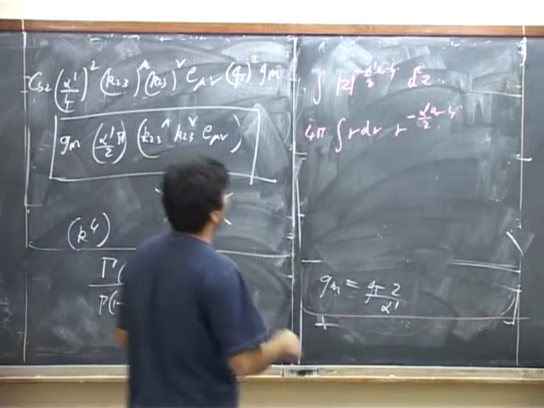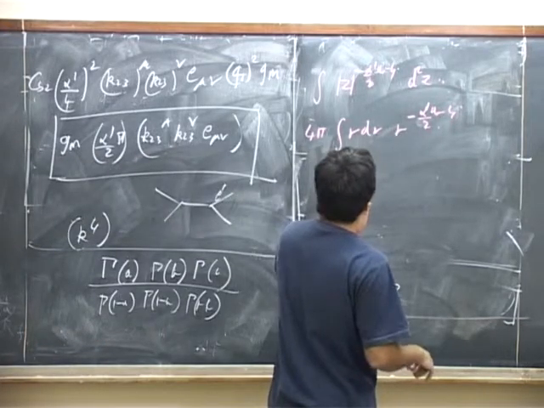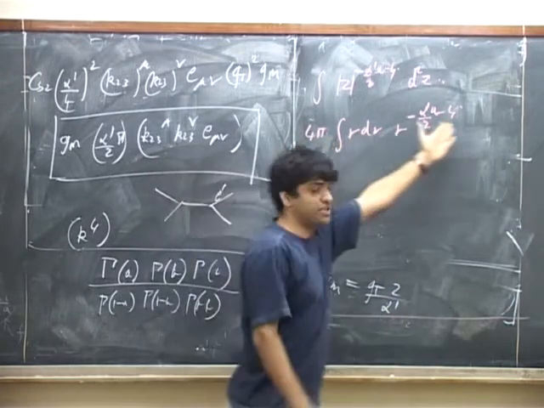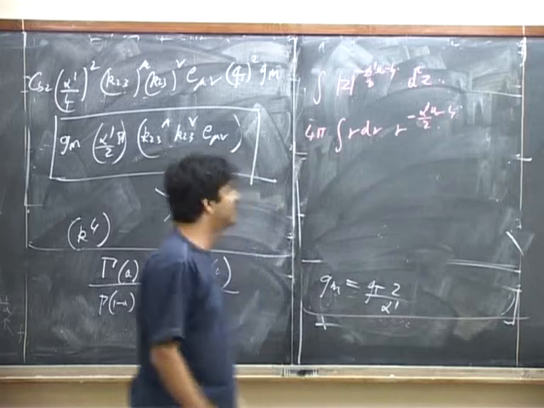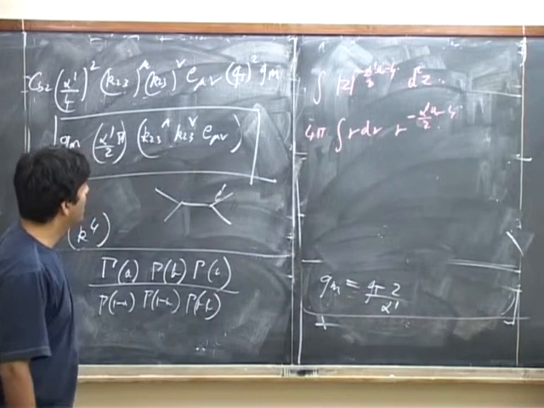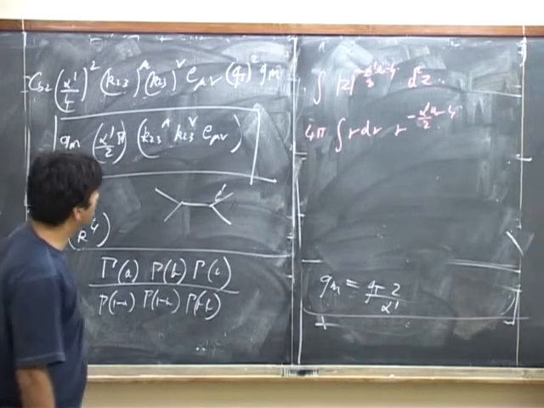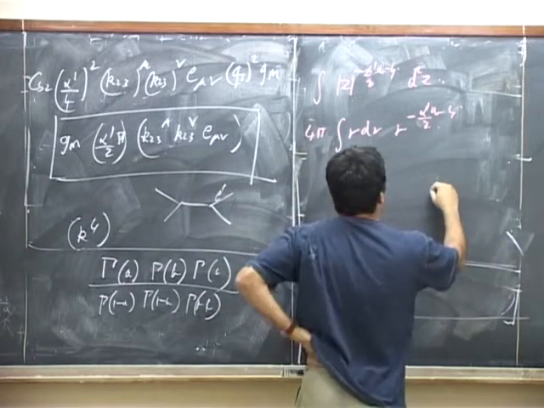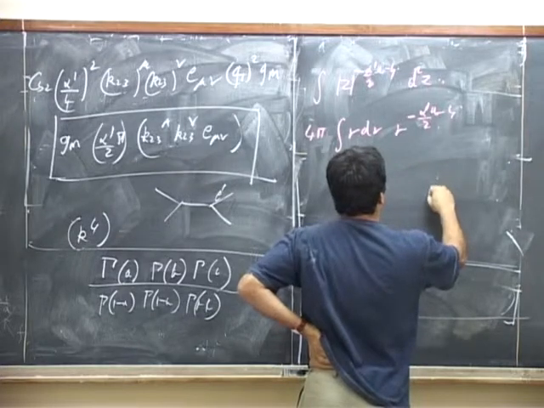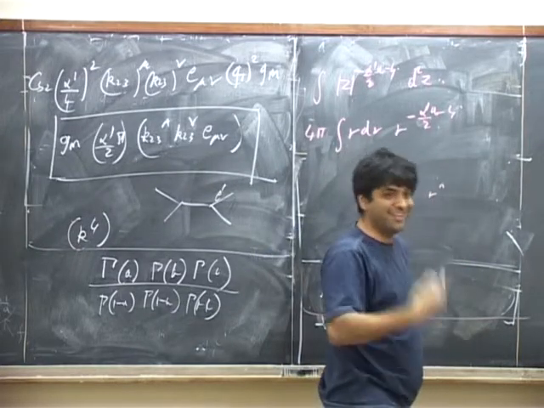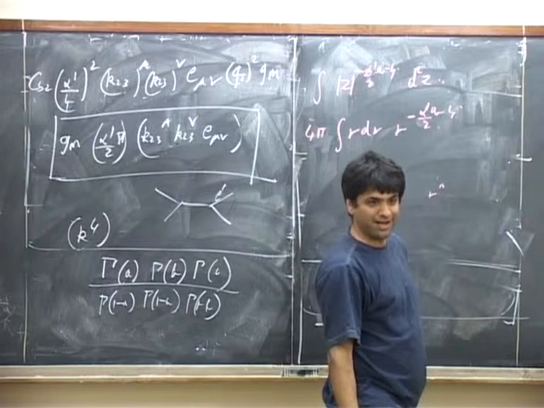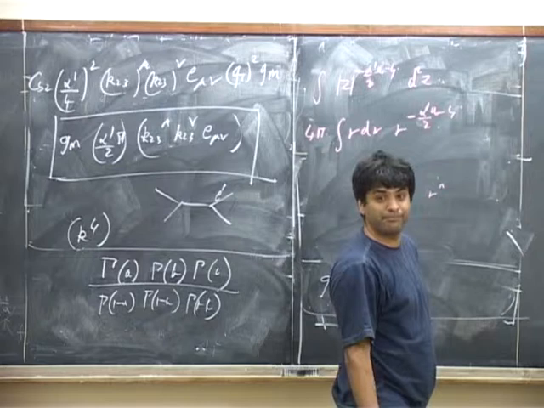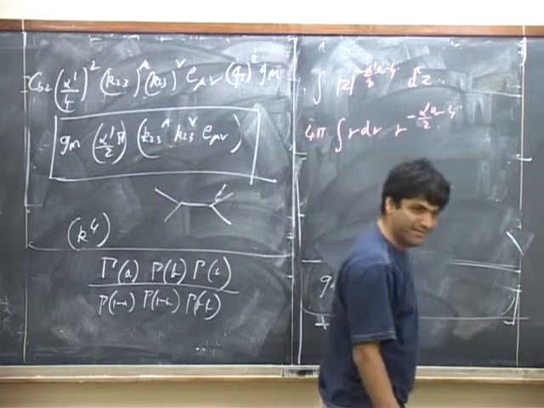Okay, and then as long as this is sufficiently negative so that it's convergent, we know the answer to this integral. r to the power n has derivative n, so if we integrate r to the power n, we get 1 over n plus 1.